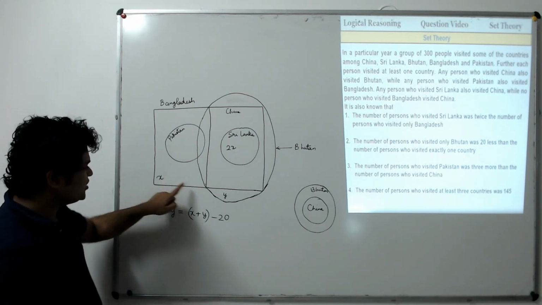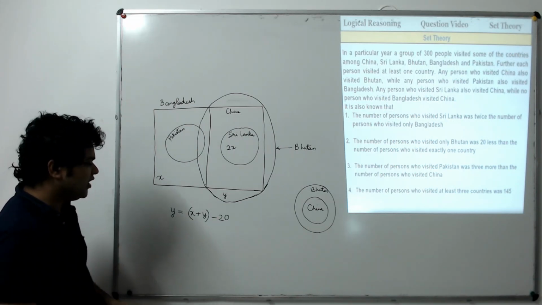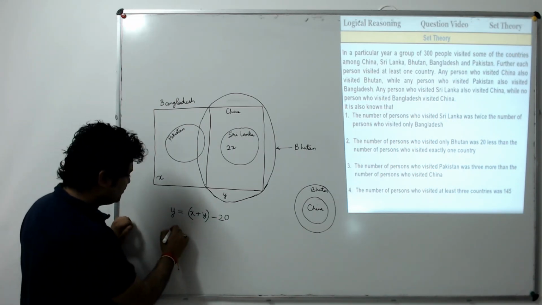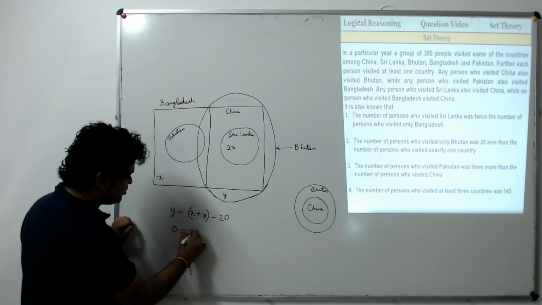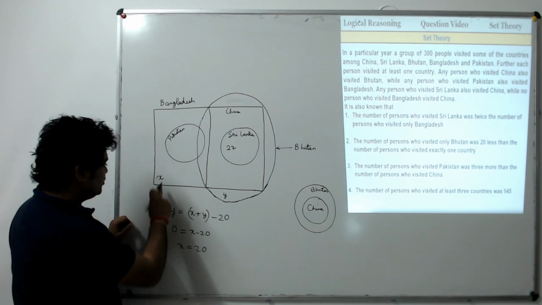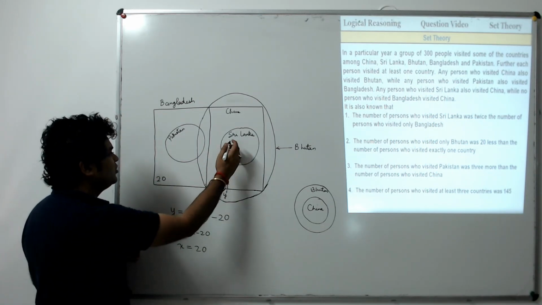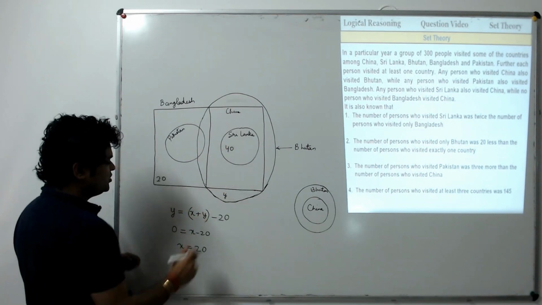Exactly one country is X and Y both. So we write Y equals X plus Y minus 20. That gives us 0 equals X minus 20, or X equals 20. So I can write here 20, I can write here 40, and this is Y.